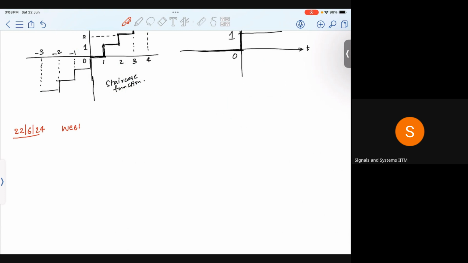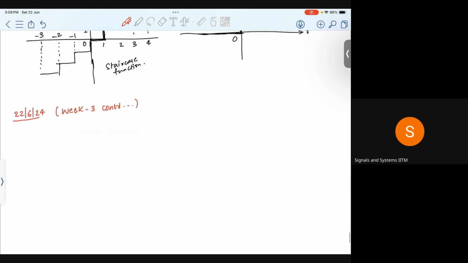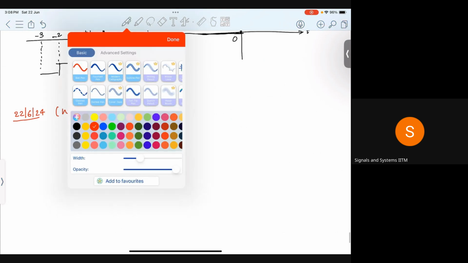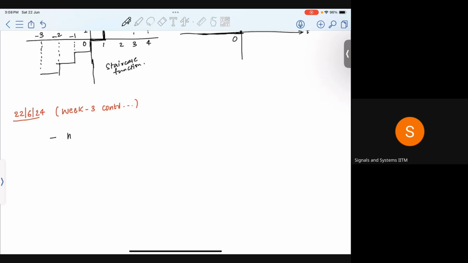So topics that we would discuss today are the continuation of week 3 and the topics are manipulation of periodic signals, power and energy.